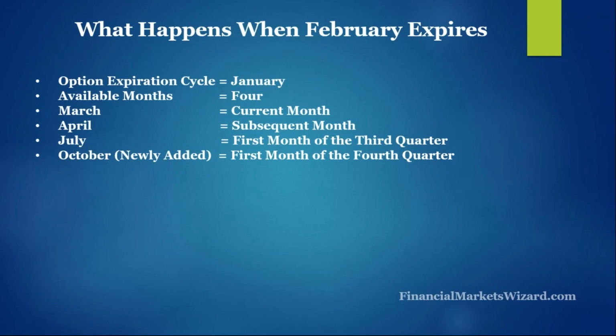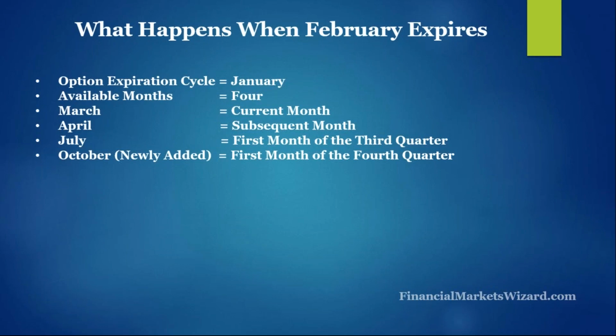So in other words, when February expires, we know available months should be 4. March will become the current month, and March was there. When January expired, March was there, February was there, but now February expires, so March is the current month.